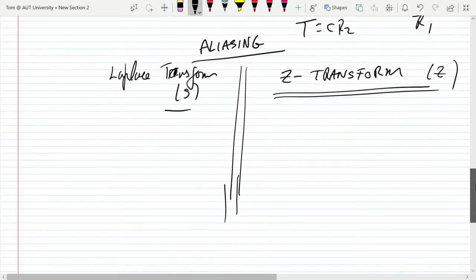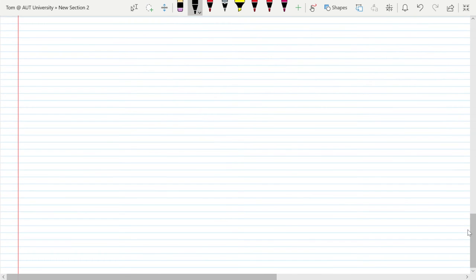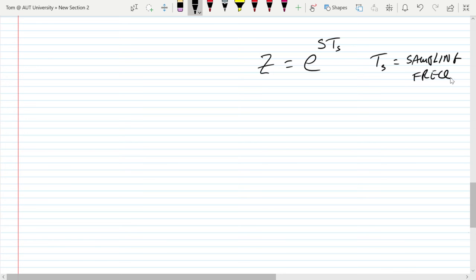We'll come to that in a minute, but the relationship between the two is as follows. From the Shannon theory, Z is equal to exponential of S times TS. TS is the sampling time, whatever you've chosen it to be, so I'm assuming you've chosen a proper sampling frequency. That's not the sampling frequency, that's the sampling time, the sampling interval.